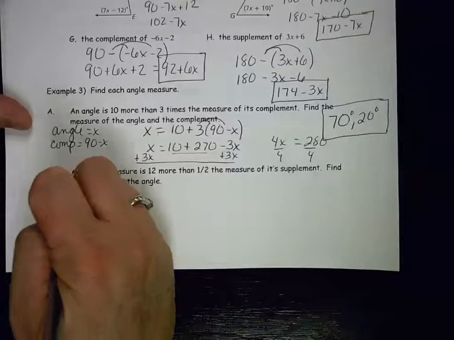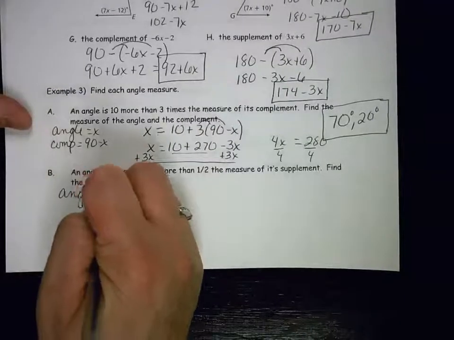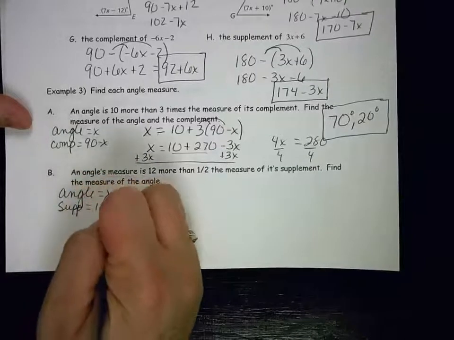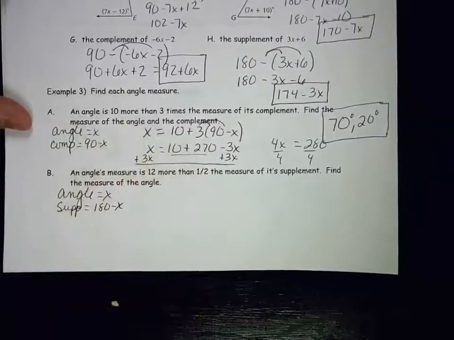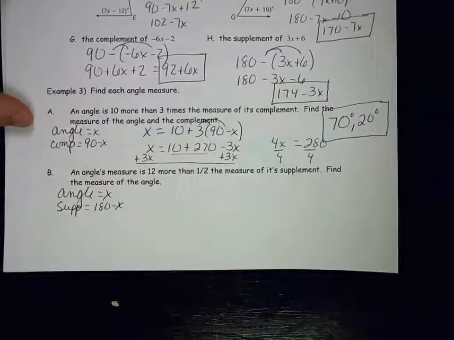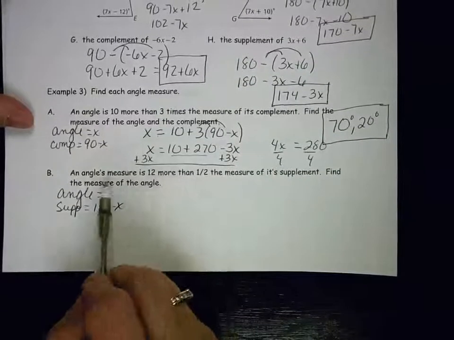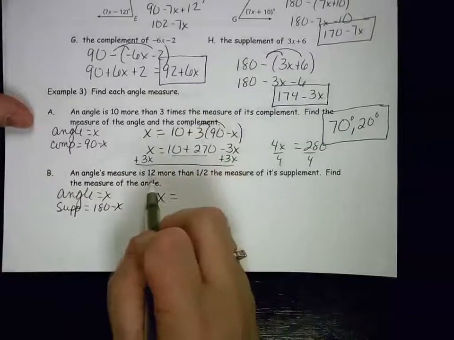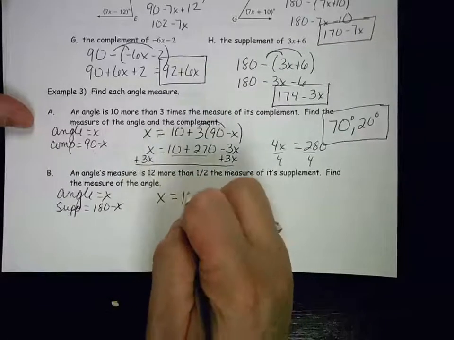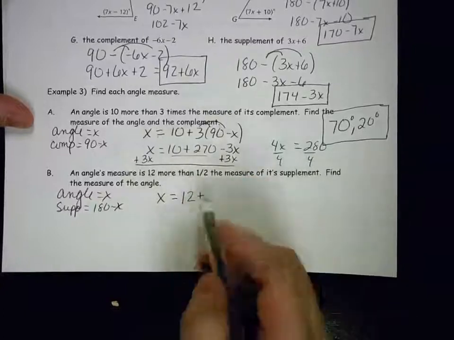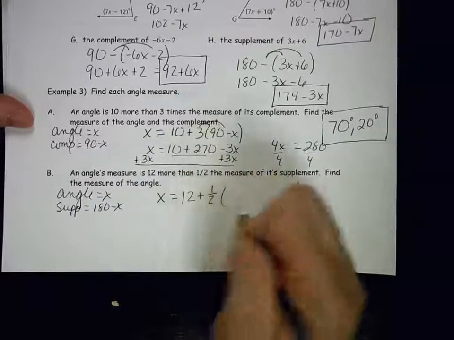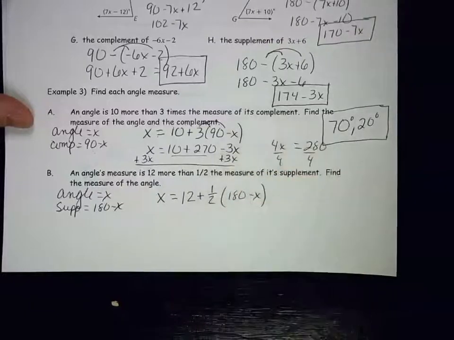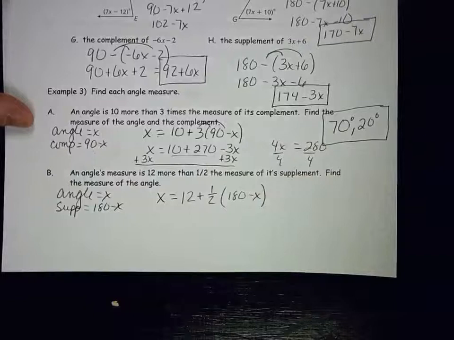The angle is going to be x. This time we're looking at the supplement, which is 180 minus x. And this says x is 12 plus half the measure of its supplement, which is 180 minus x.